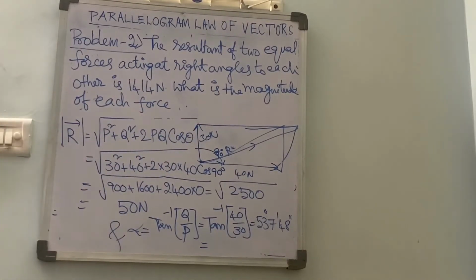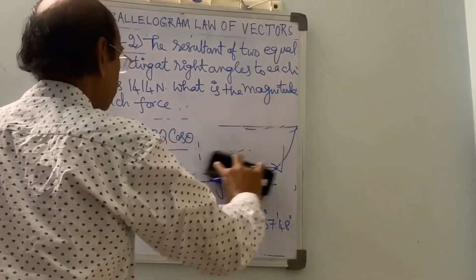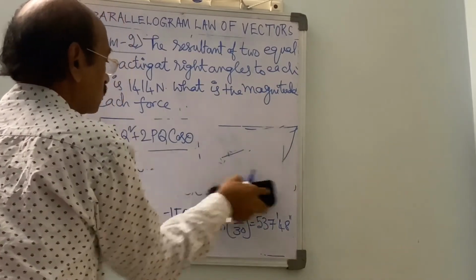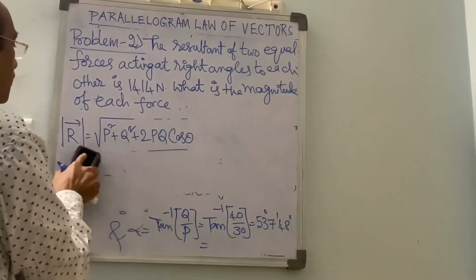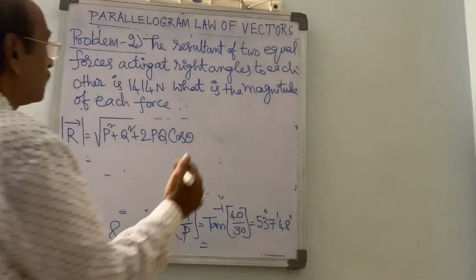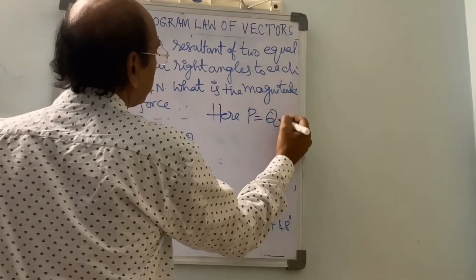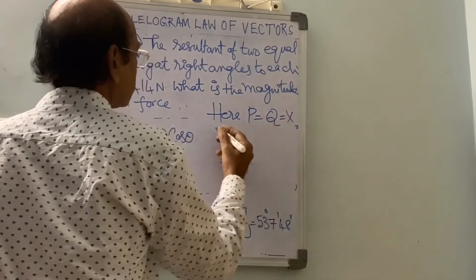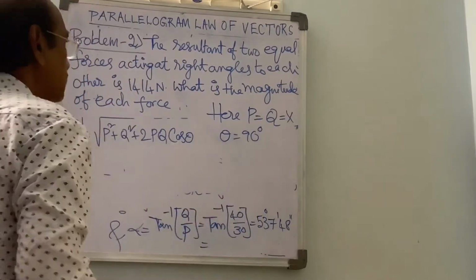Here two forces are equal in this case, and they are perpendicular to each other. Theta is equal to 90. P is equal to Q, or let both be X, and theta equal to 90 degrees.